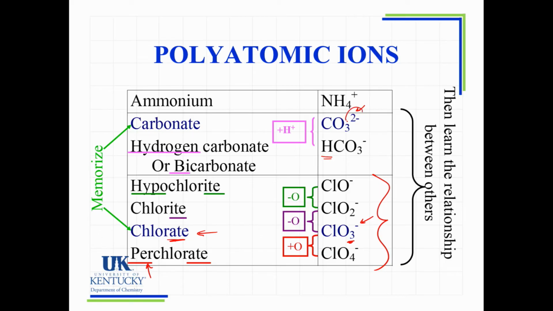So if it had a positive charge and we added it to it, that's going to take a 2- down to a 1-, because 2- plus 1 gives me a -1. And the way we name that is we either put the hydrogen in front of it, so this thing could be called hydrogen carbonate, that is an absolutely fine name for it, or we put a bi in front of it, bicarbonate.